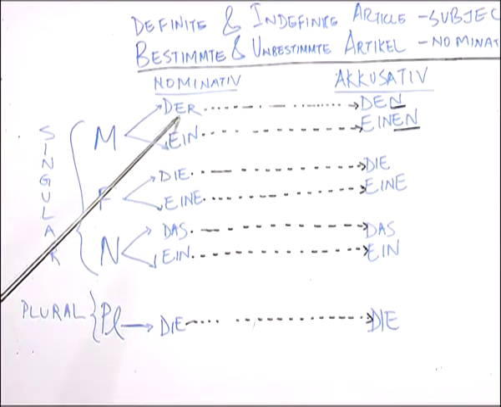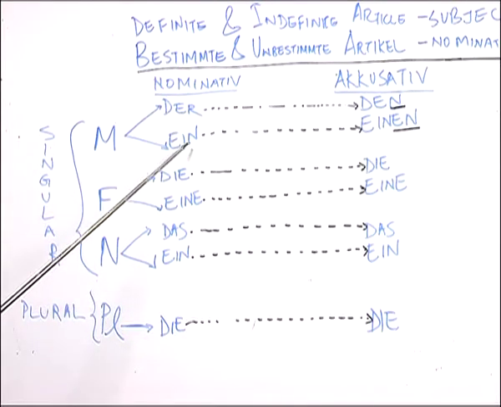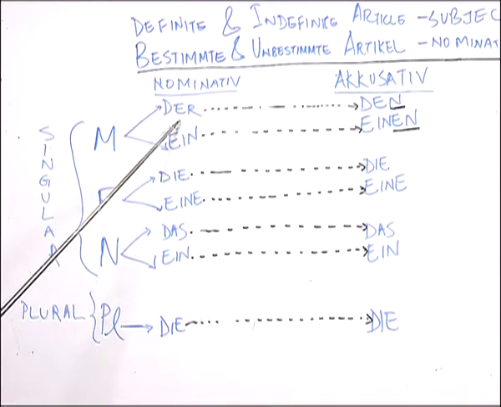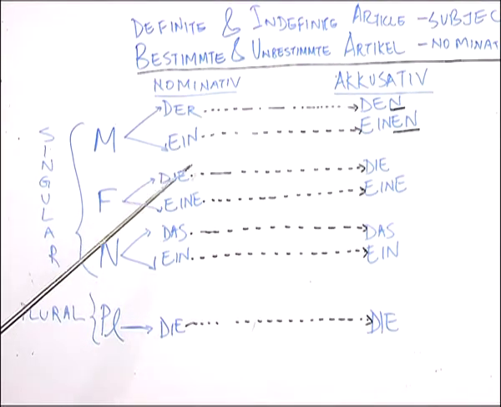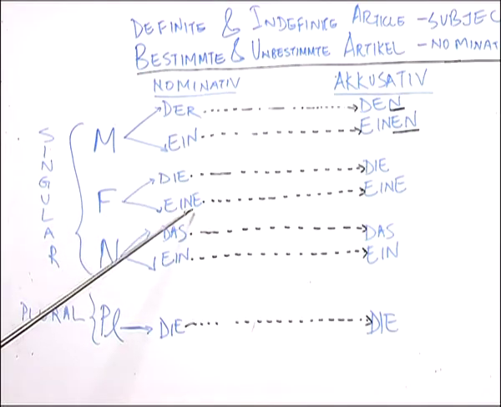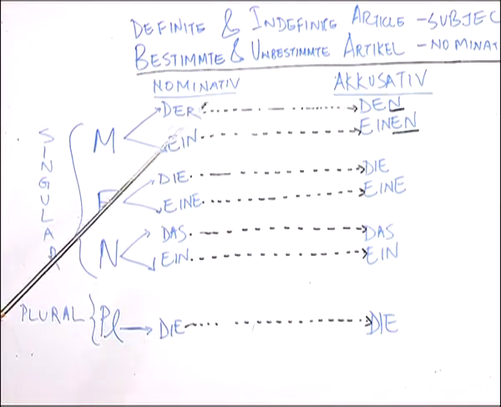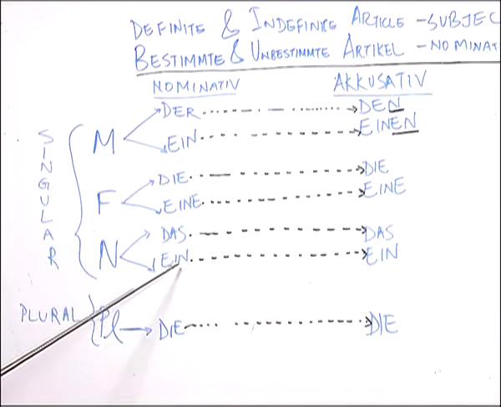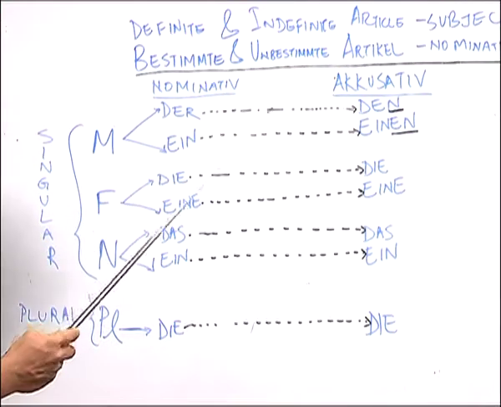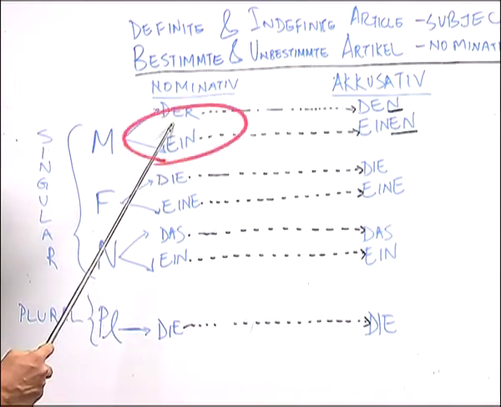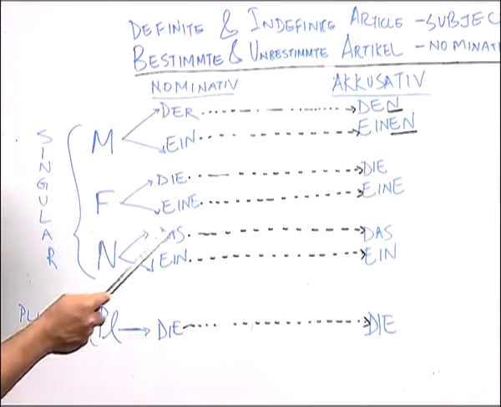And correspondingly, for each definite article in singular there is an indefinite article, and for masculine the indefinite article in nominative is ein, for feminine the indefinite article is eine in nominative, and for neutral article the indefinite article is ein in nominative.